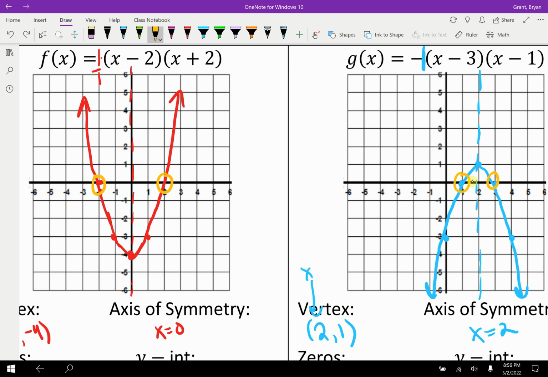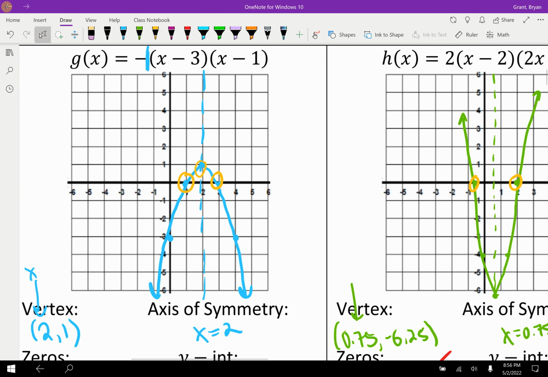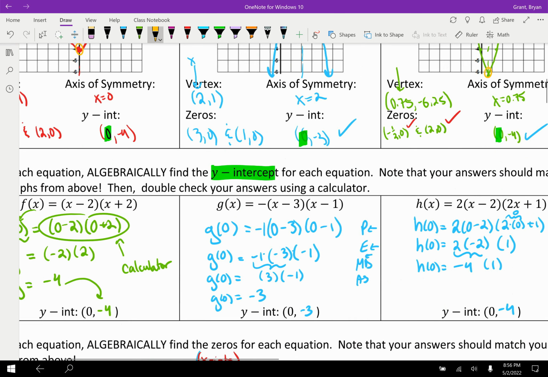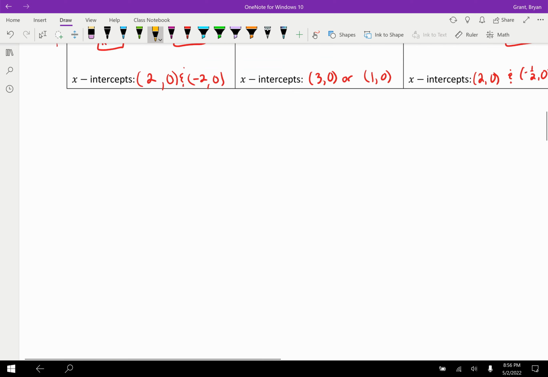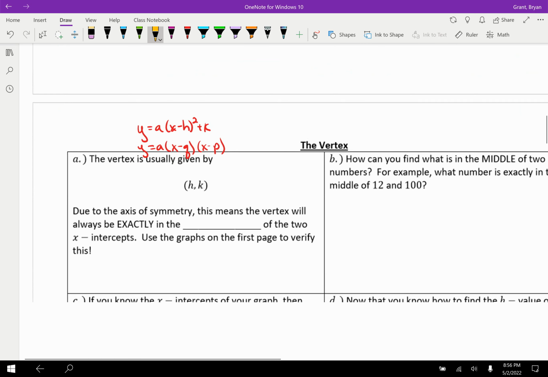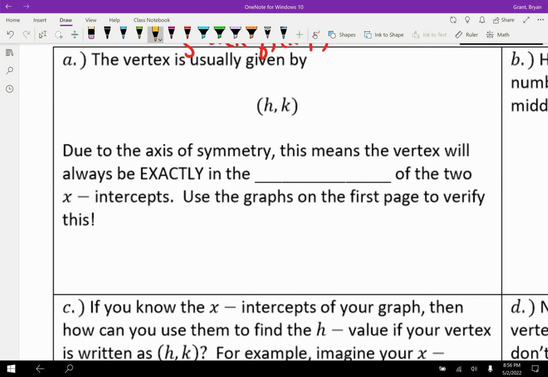And that axis of symmetry runs right through the vertex. So what is that telling you about the vertex? It tells us that the vertex is also exactly in between the x-intercepts, and that's going to be key for today. So let's fill that in. The vertex will always be exactly in the middle, or in between, of the two x-intercepts. In particular, that will be the h value of the vertex.